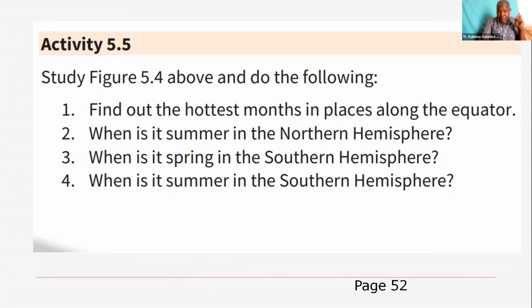Having reviewed the materials given you, you will be able to answer these questions in the learner's book. When is it summer in the northern hemisphere? When is it spring in the southern hemisphere? When is it summer in the southern hemisphere? You're going to be able to do those things.